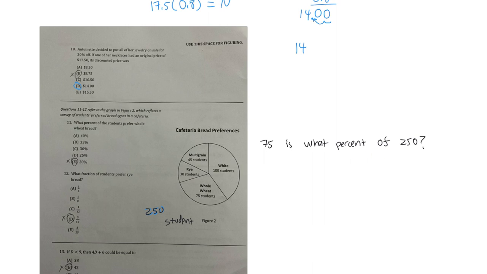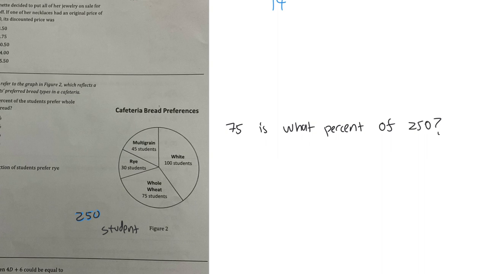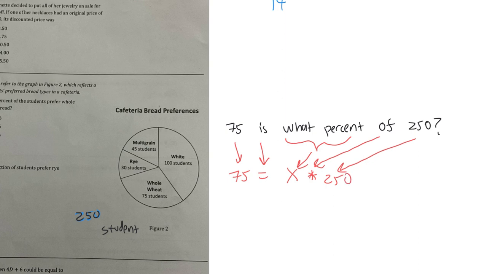Now, my student who's watching knows that I like the direct translation method to solve percentage type questions like this, where 75 is just going to be 75. Is just going to be equals. What percent, we could call that X. The word of is multiplication, and the number 250 is just 250.